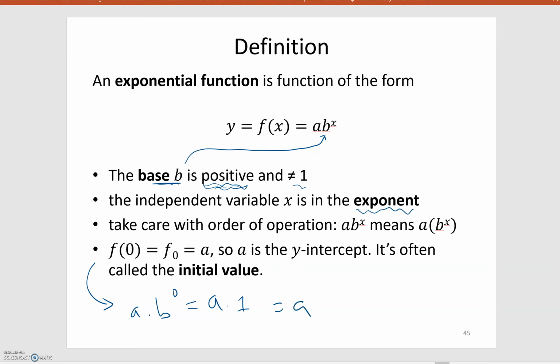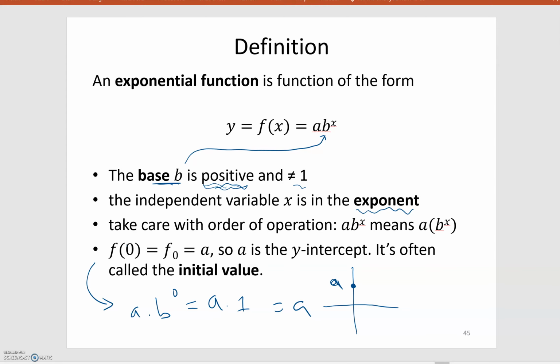So f of 0 is equal to a. This little f sub 0 is just a particular notation sometimes people use. So that's the y-intercept. This is called the initial value. So this is the value of the function when the input is 0. So whatever it looks like, it's going to start right there. And then we'll see what happens after that.